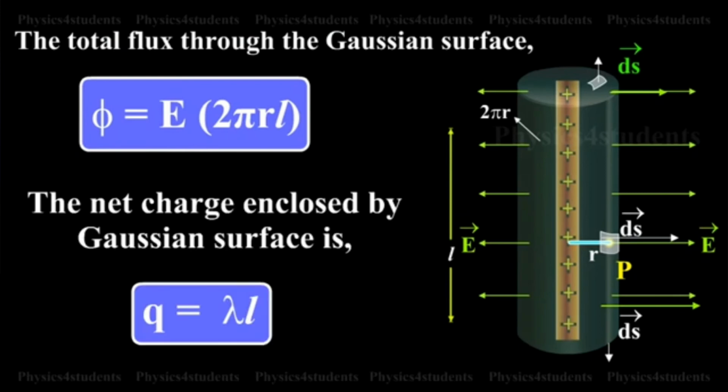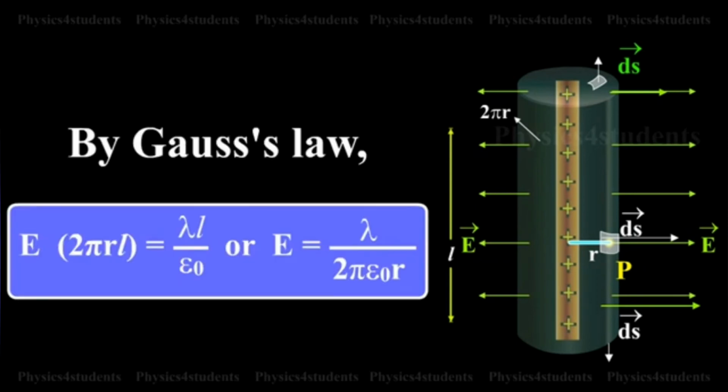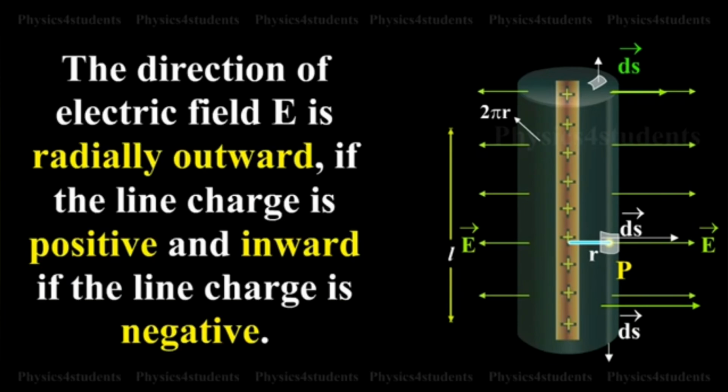The net charge enclosed by the Gaussian surface is Q equal to lambda L. By Gauss's law, E into 2 pi RL is equal to lambda L by epsilon naught, or E is equal to lambda by 2 pi epsilon naught R. The direction of the electric field E is radially outward if the line charge is positive and inward if the line charge is negative.